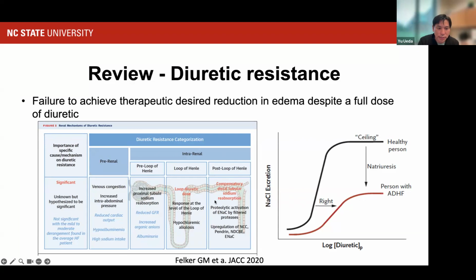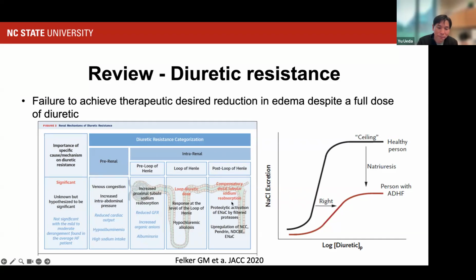However, as you can see on this table or figure, there are many other reasons that patients could have diuretic resistance. And then people sometimes categorize these causes and mechanisms of diuretic resistance into pre-renal effects, such as venous congestion, decreased albumin concentration, high sodium intake, and intrarenal causes. And that's further divided into pre-loop of Henle at the proximal convoluted tubule or glomerular level, or on the loop of Henle, and the post-loop of Henle.